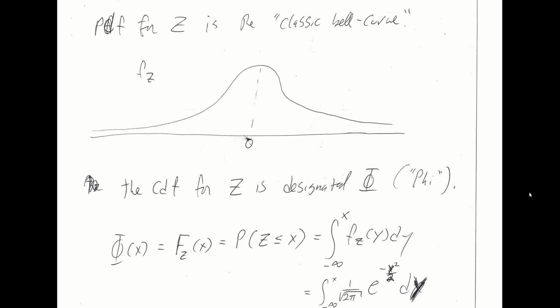The probability density function for Z is what we might call the classic bell curve shape. So we talked about how low variance normal random variables have taller and skinnier density function graphs, whereas high variance normal random variables have graphs for their density functions that are lower and broader.